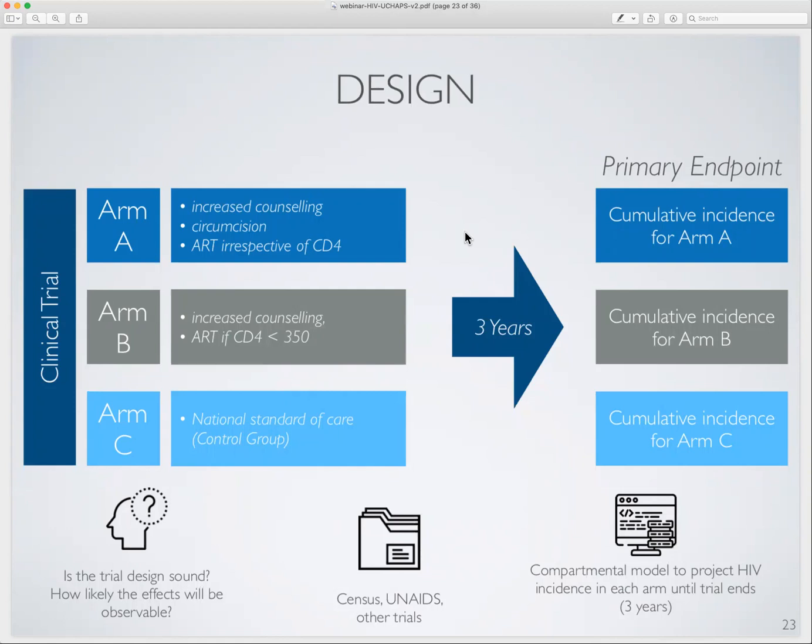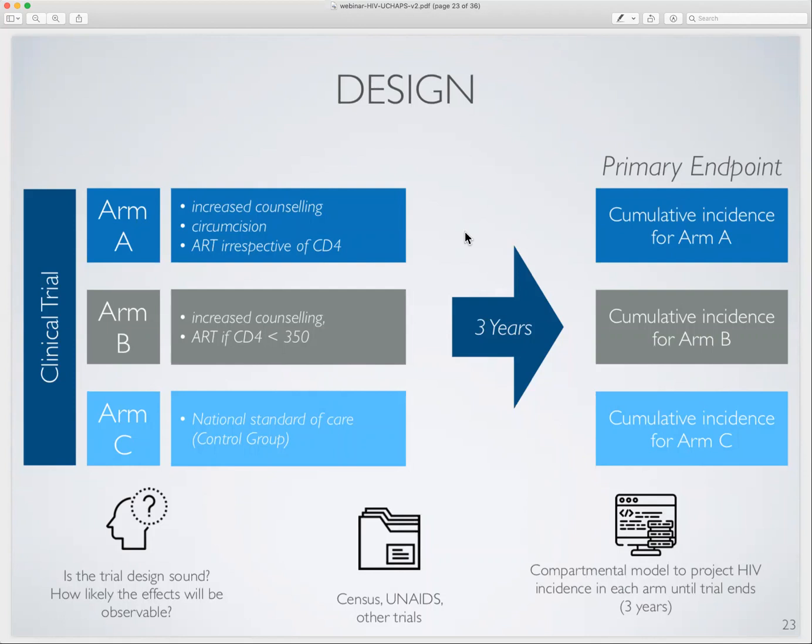So participants in that group received the national standard of care. And the primary endpoint was the cumulative incidence 3 years after the start of that trial. And the model was a key component in designing this trial.